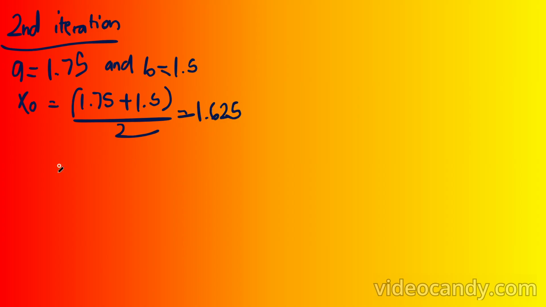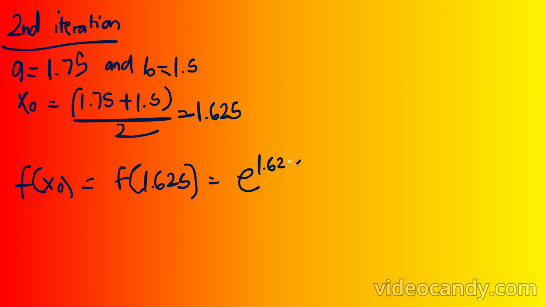So f(1.625) equals e^1.625 minus 3 times 1.625. Very simple, just calculate this number.